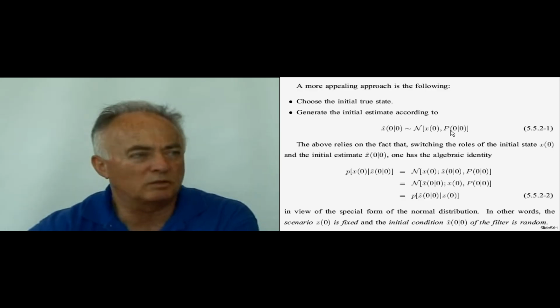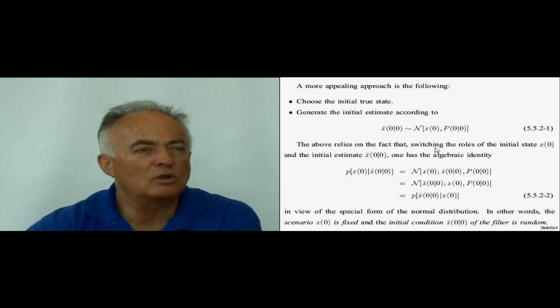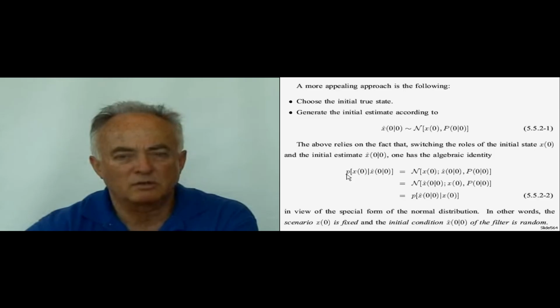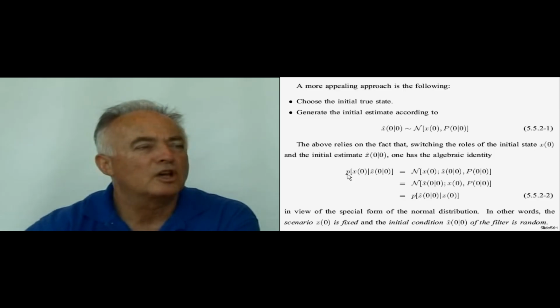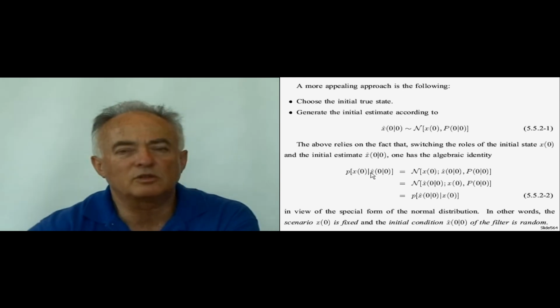Why can we do it? The role of the initial state and the initial estimate, if we look at the Bayesian model, we have a prior probability of the true initial state given the initial estimate, p of x given x hat at time 0.